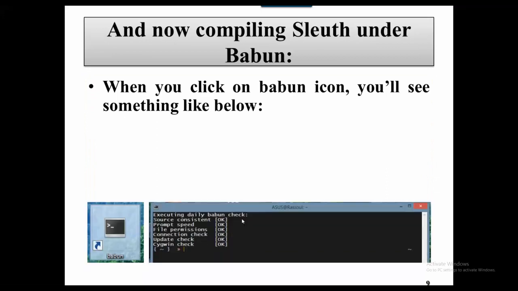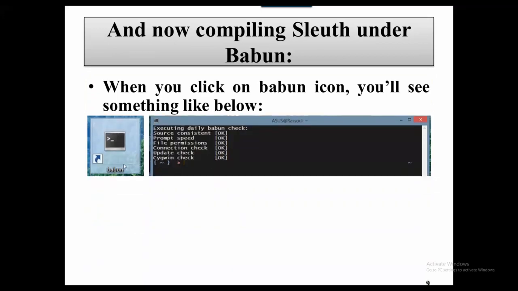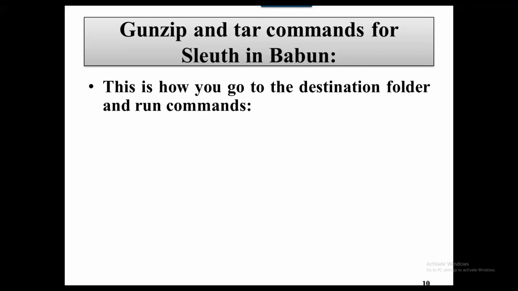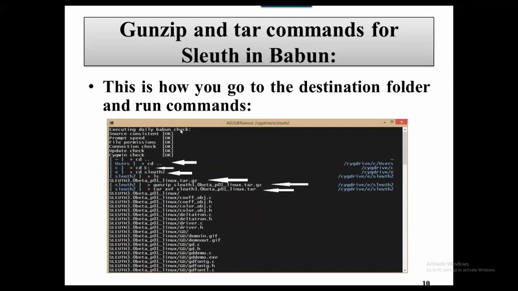You click on the icon of the Baboon and a window or console is brought up looking like this, and the commands to actually unzip, untar and compile look quite the same as Cygwin and MSys2. You see, cd space dot dot gets you out of the current working directory.